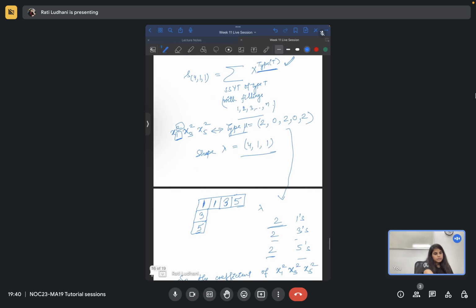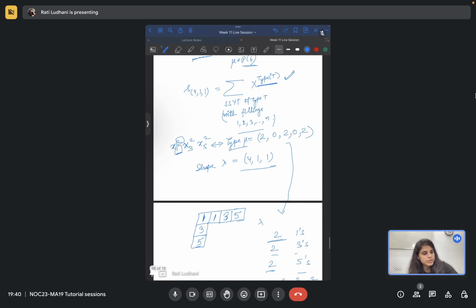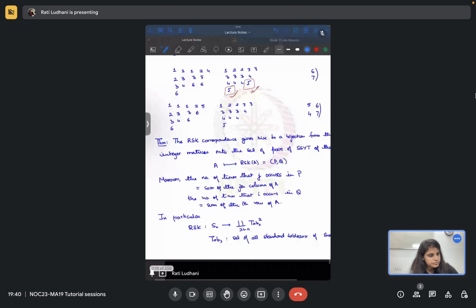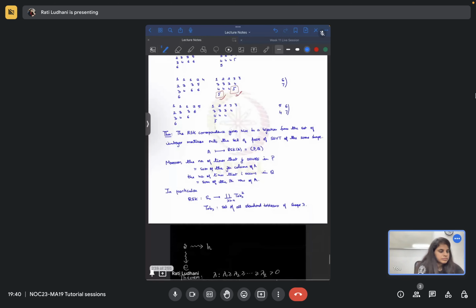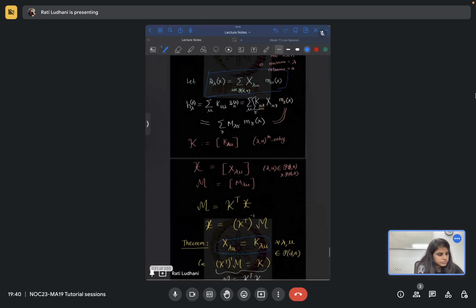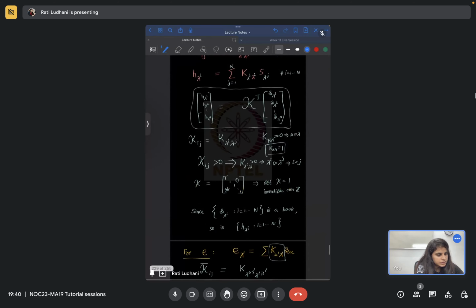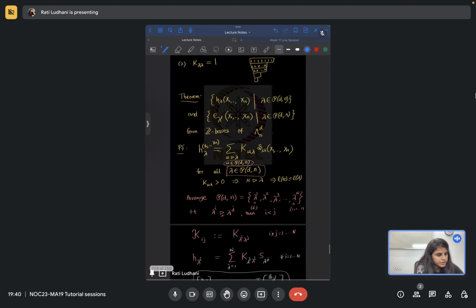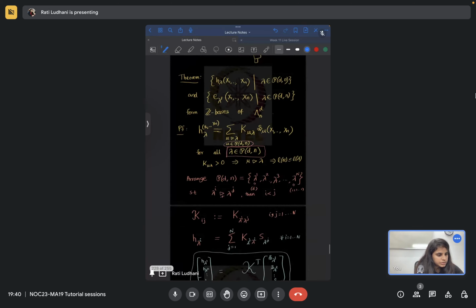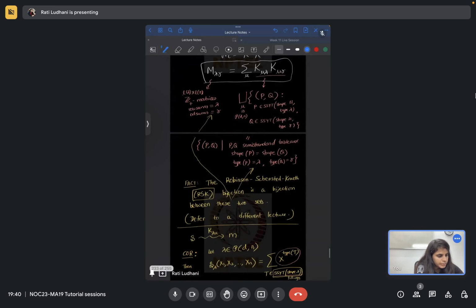One more thing, there should be some coefficient thing, no? Let me see once. Yeah, this is the same thing, I'm just saying how exactly it has been written in terms of the formula. That is something I just want to confirm.